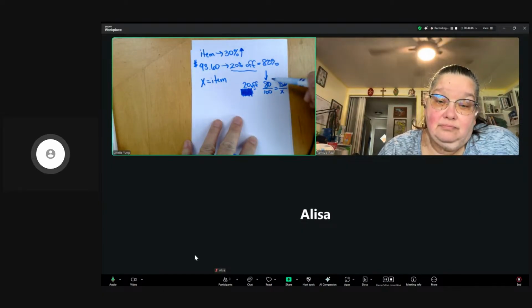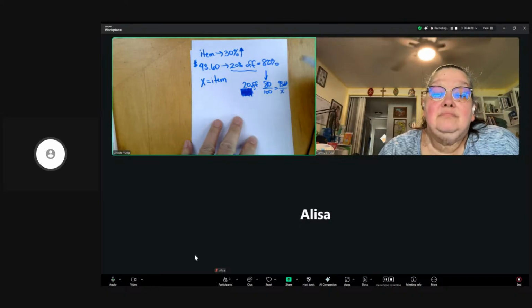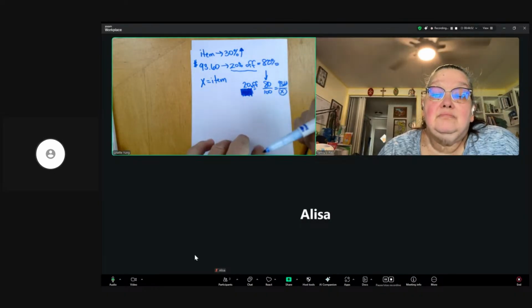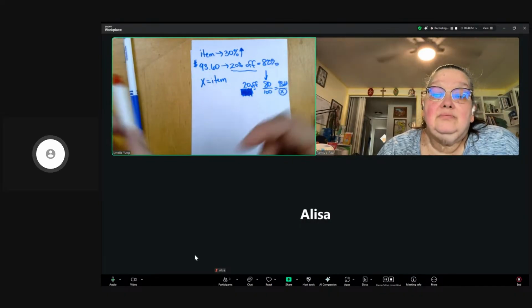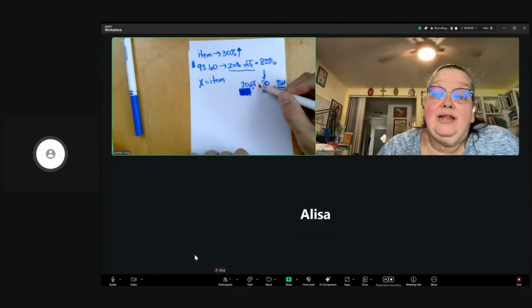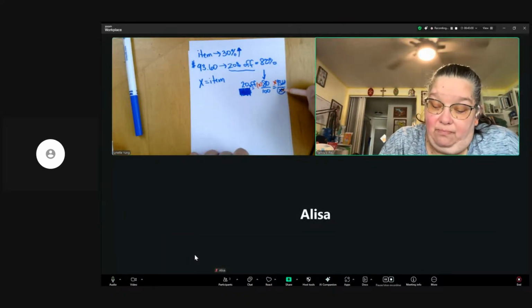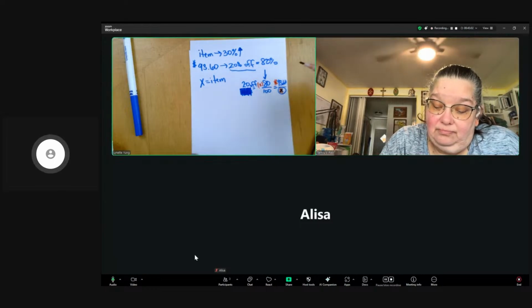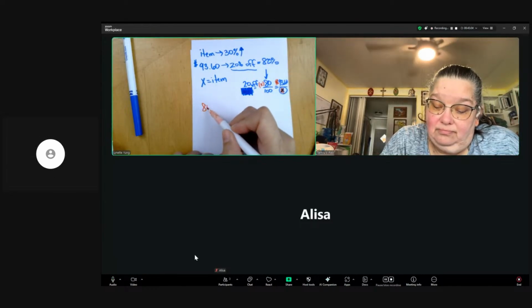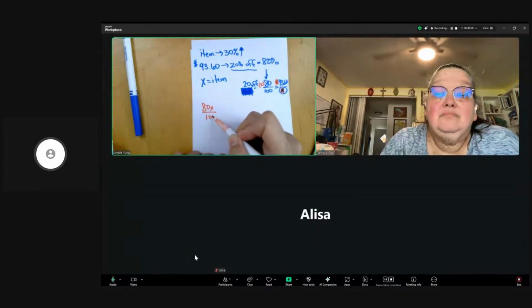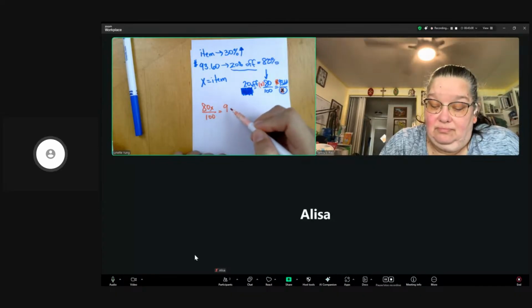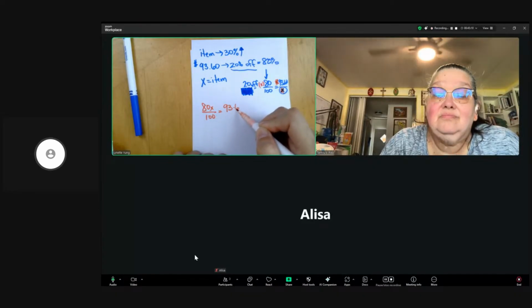So I like to do this so we can see conceptually what we're trying to do. We need to figure out this X over here. So how do I do that? I need to times everything by X, right? So then we're left with 80x over 100 is equal to 93.60.